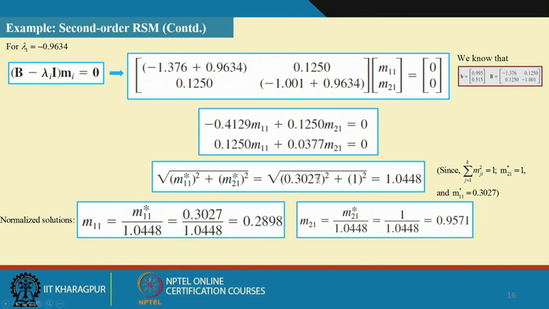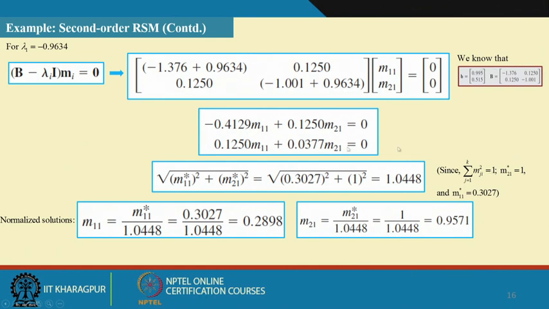This is very simple. You write down M11 in terms of M21 from the first equation, and from the second equation you will get a similar thing. So, from an infinite number of solutions to a unique solution because of this normalization. Now M11 and M21 are known, with reference to lambda 1.